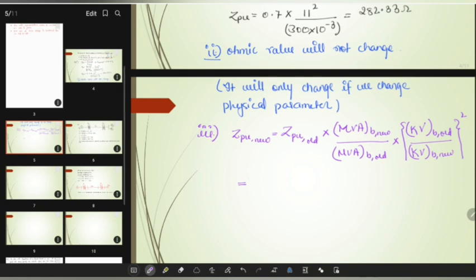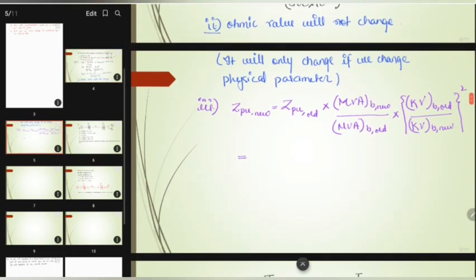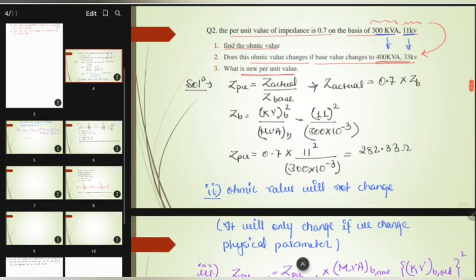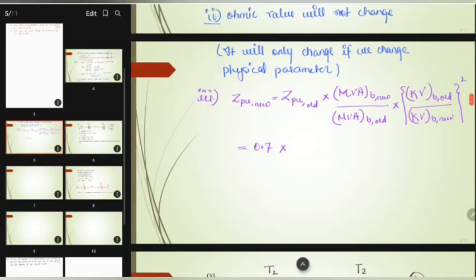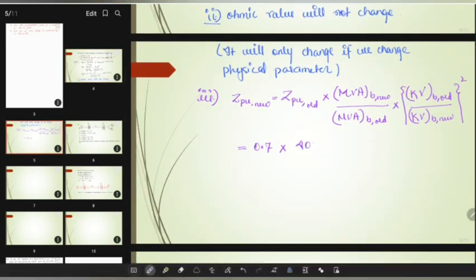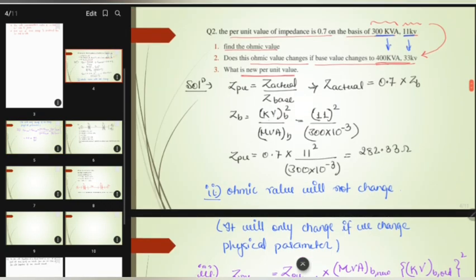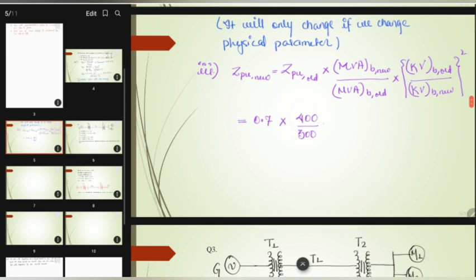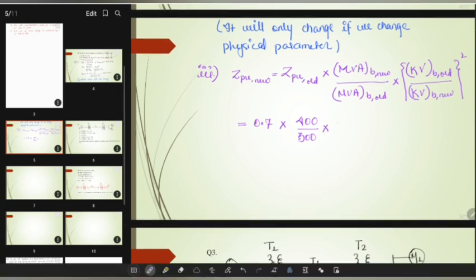Now Z per unit old value, they have given 0.7, into MVA new value 400 and old value 300. The old kV value is 11 and the new kV value is 33.